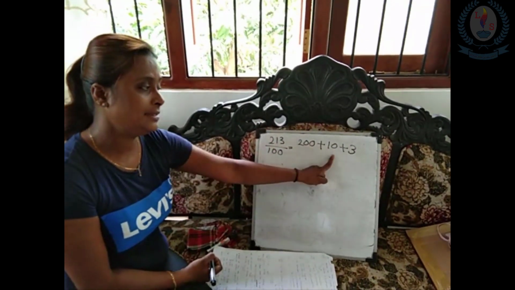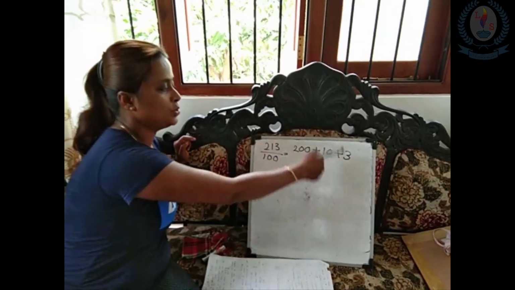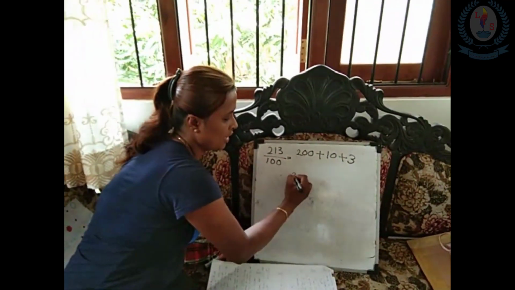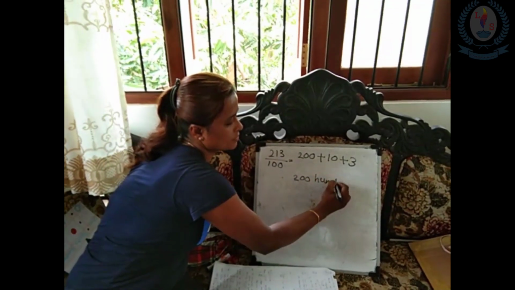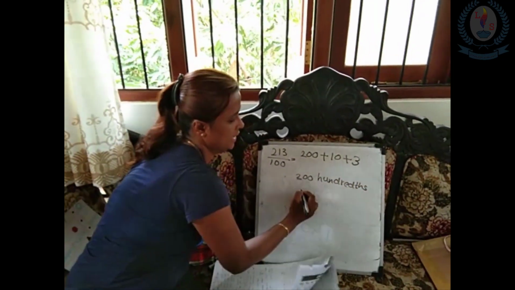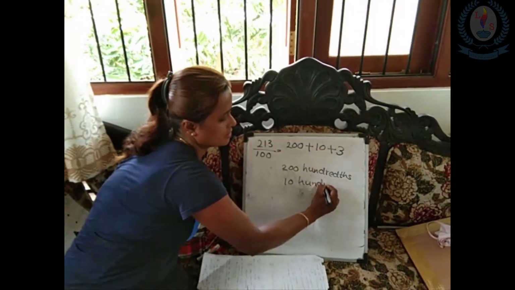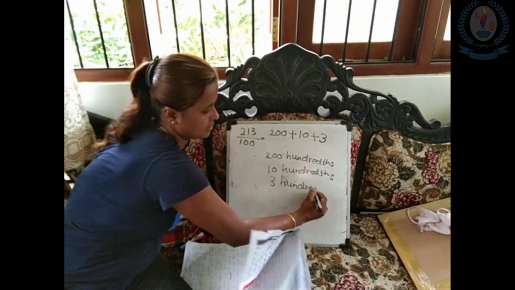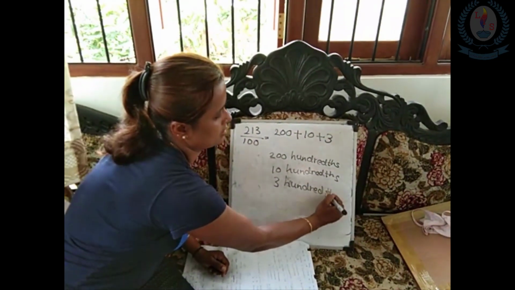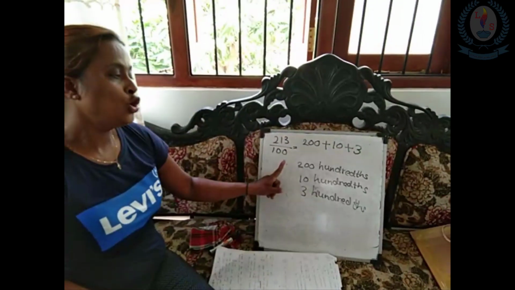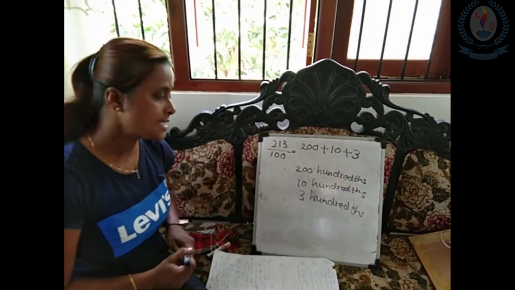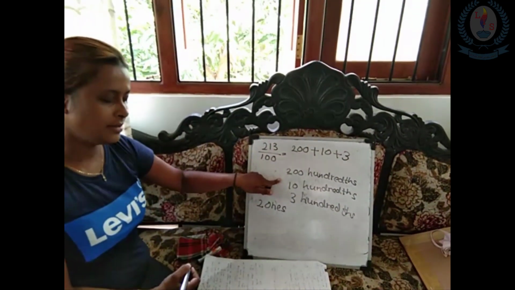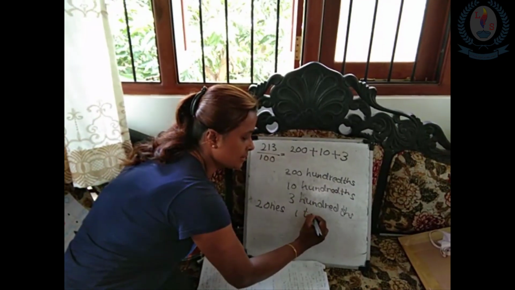So these are all hundredths: 200 hundredths, 10 hundredths and 3 hundredths. 200 hundredths is 2 ones. 10 hundredths means 1 tenth.